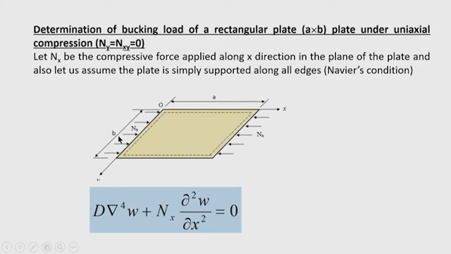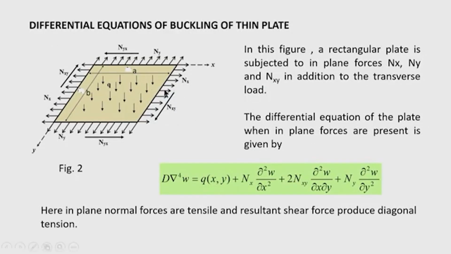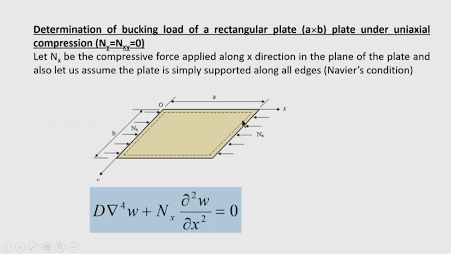Previously I derived the governing differential equation with a tensile force, and we have got this equation. Now, in this buckling analysis, we have used a compressive force N x, and for uniaxial compression I assume that N y and N x y are 0.